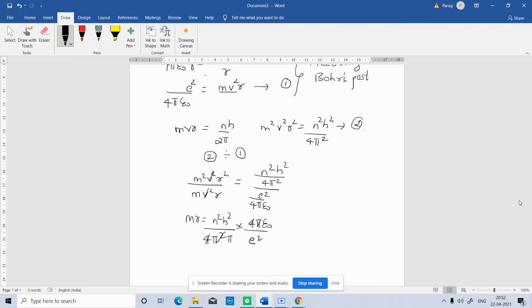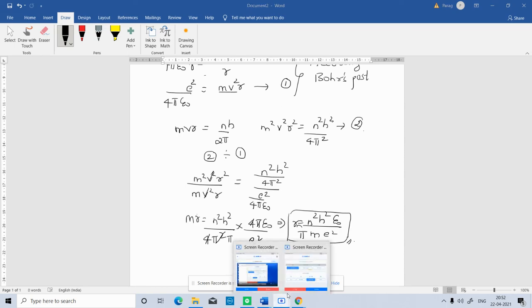So r is equal to n square h square epsilon naught divided by pi m e square. This is the radius of the nth orbit in case of a hydrogen atom. I hope that is clear to you. I hope you understood it.